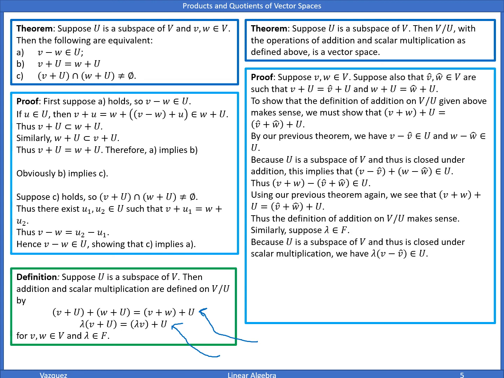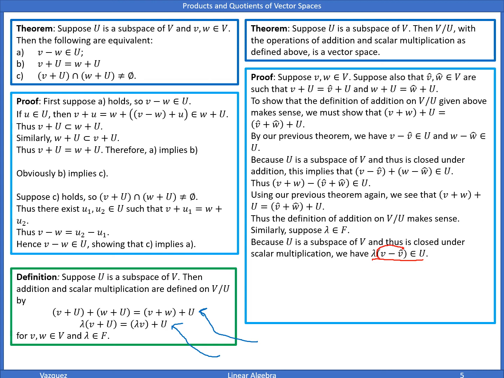Similarly for lambda, because U is a subspace of V and it's closed under scalar multiplication, we have that lambda times v minus v hat is in U, right?